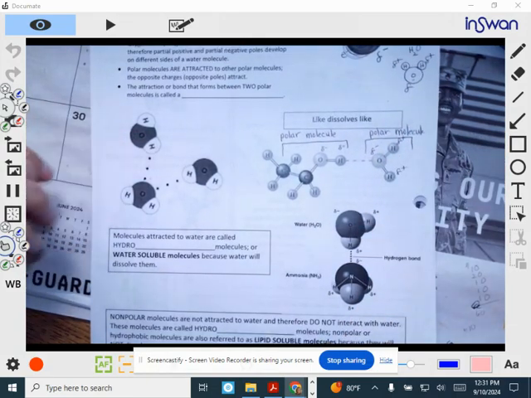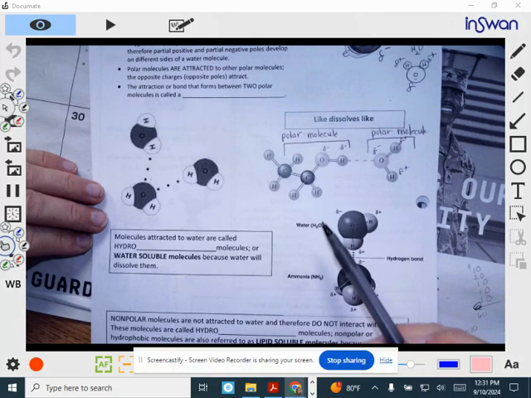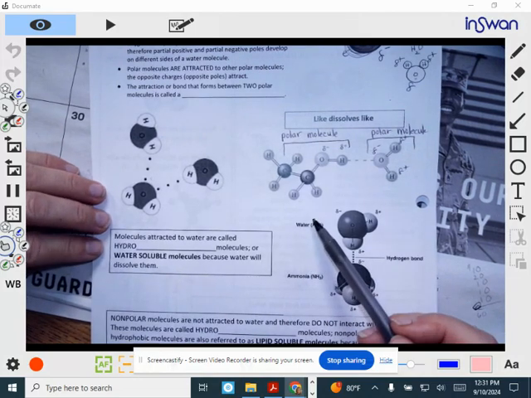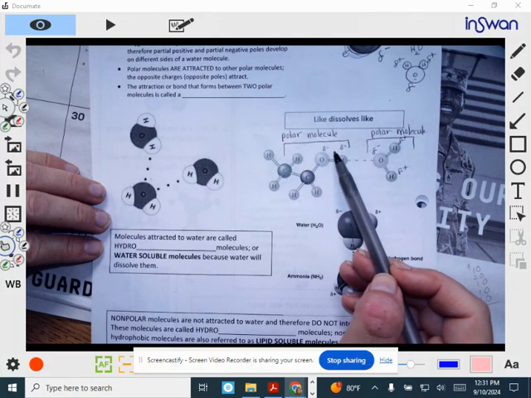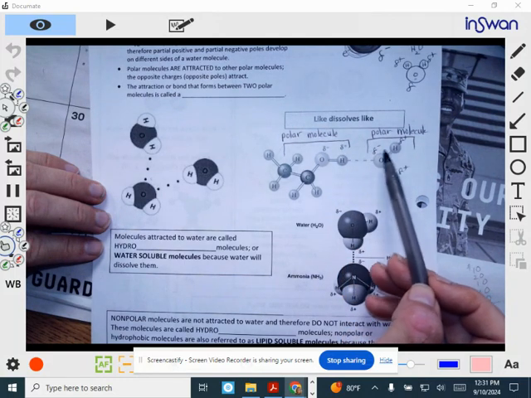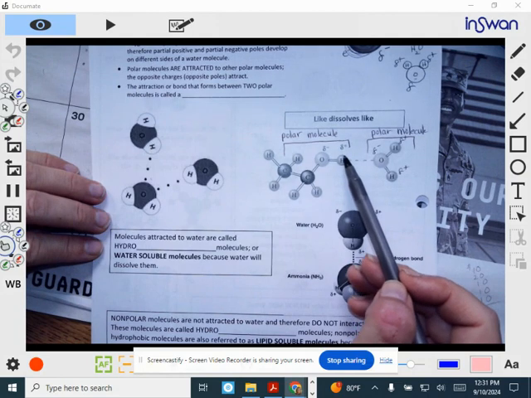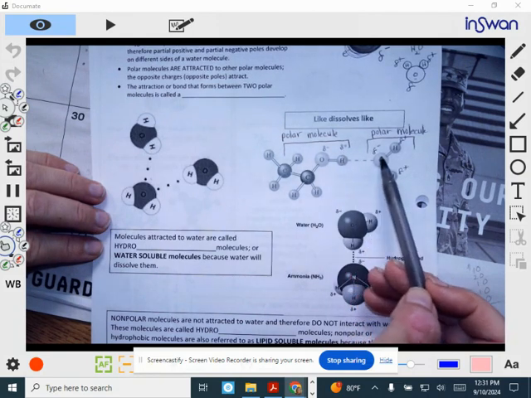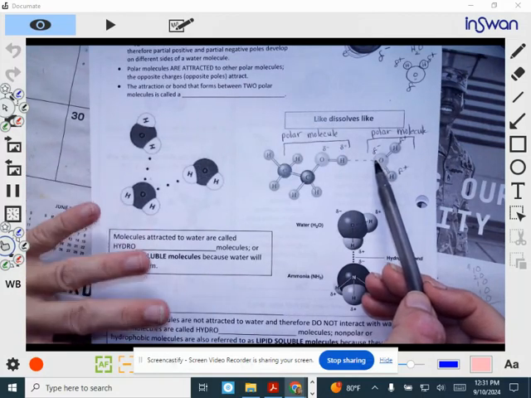All right, and we already talked about how like will interact with like. So polar molecules are attracted to one another, and it's because they have these charges that will be attracted to the charges on the other. Notice this partially positive hydrogen is attracted to the partially negative oxygen.